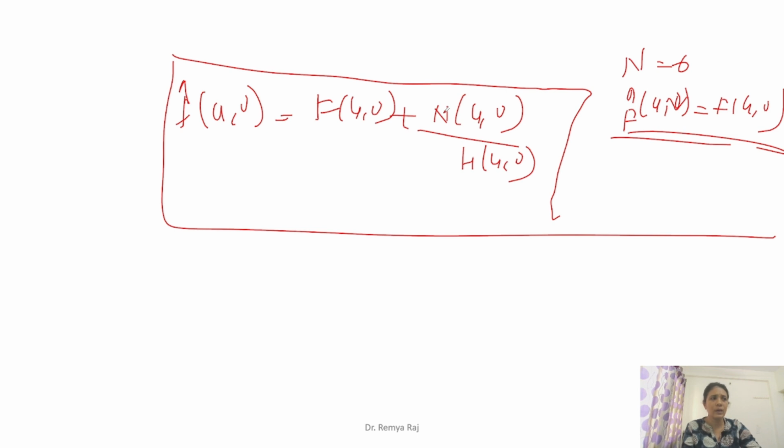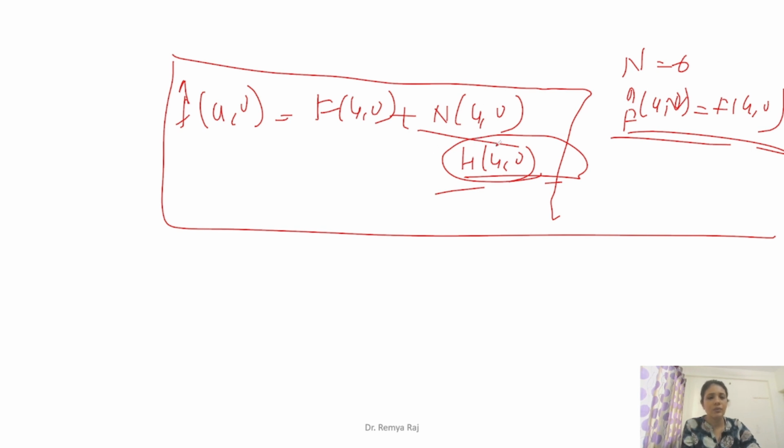One disadvantage of inverse filtering is that even if you know the degradation function h of u comma v, you won't be able to recover the input image, because the noise is random. Another disadvantage is that if the degradation function has zeros or small values, the ratio of n of u comma v to h of u comma v easily dominates the estimate F cap of u comma v.